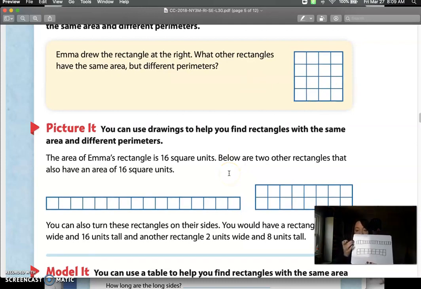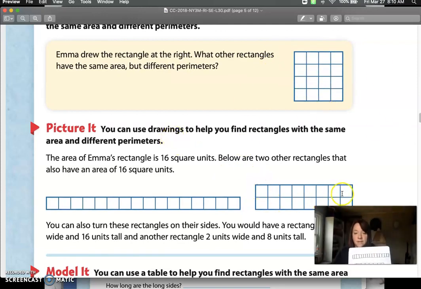Does this one have the same amount of square units as this one? Yes, it does. Now we have this rectangle. It also has 16. Does that have the same amount of square units as her rectangle up top? Yes, it does. Okay, so we know that they all have 16 square units.